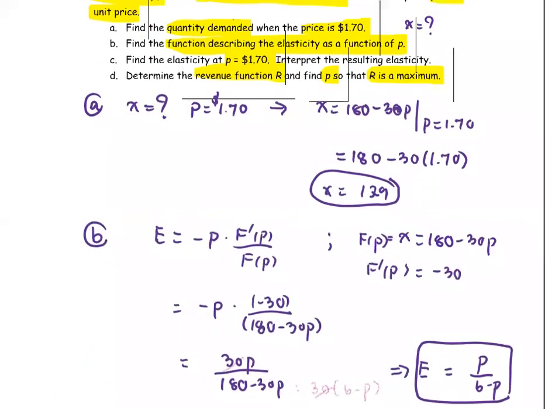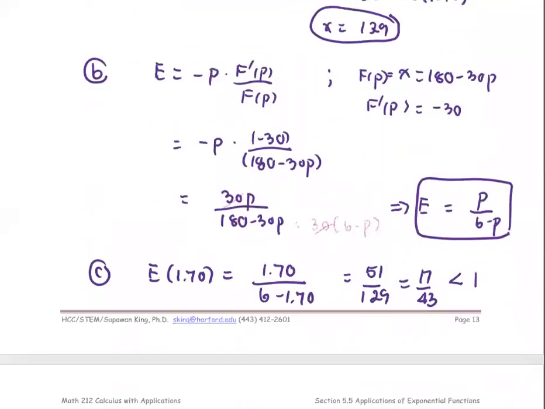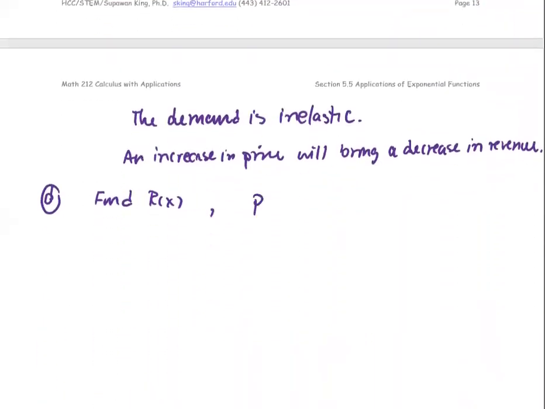And then the last part of the problem, we're going to find the revenue R, or the function for the revenue, and find p so that R is maximum. For the revenue R of x, it is x multiplied by p.